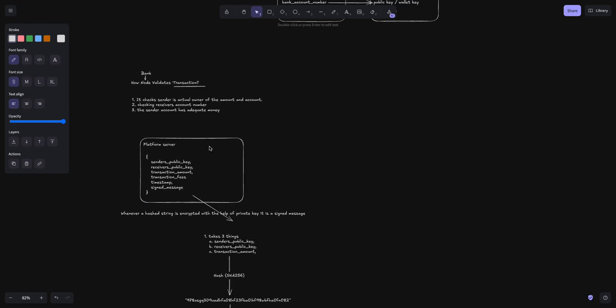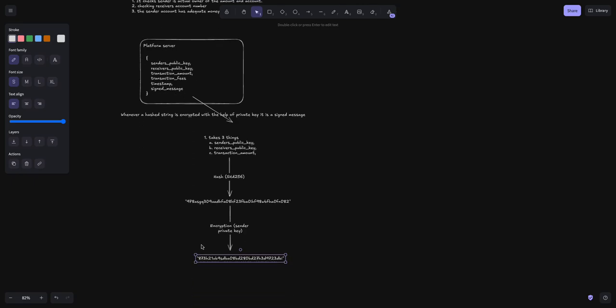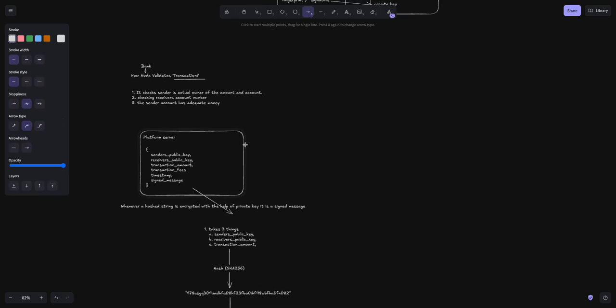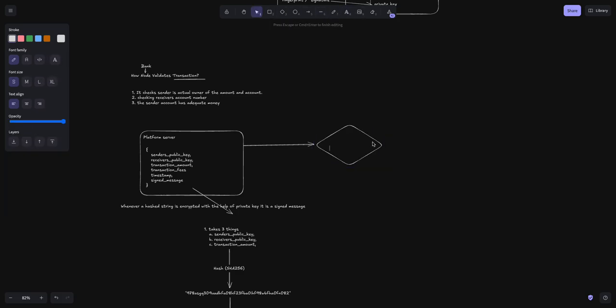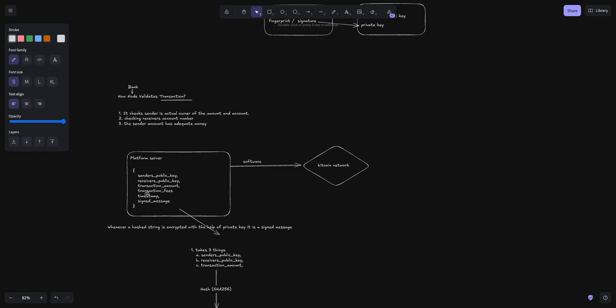Cool. Now, when the platform server gets this data, and we just talked about how a signed message is created, this data is ready. What does it do? This server of the platform is always connected to the Bitcoin network, through software.